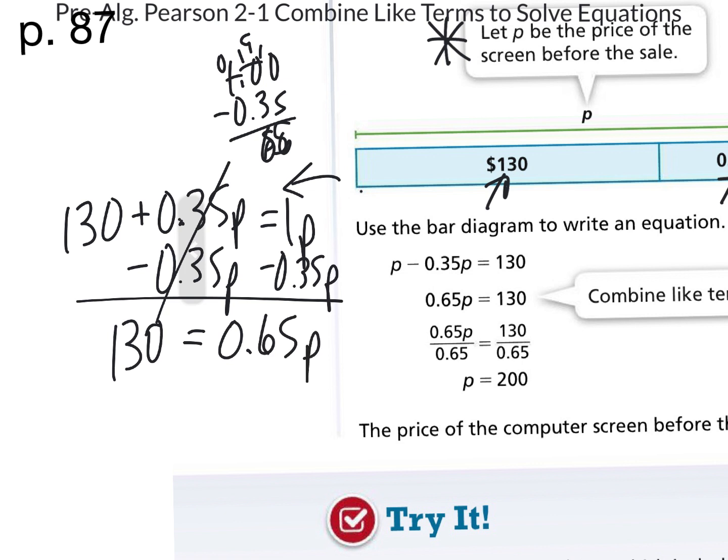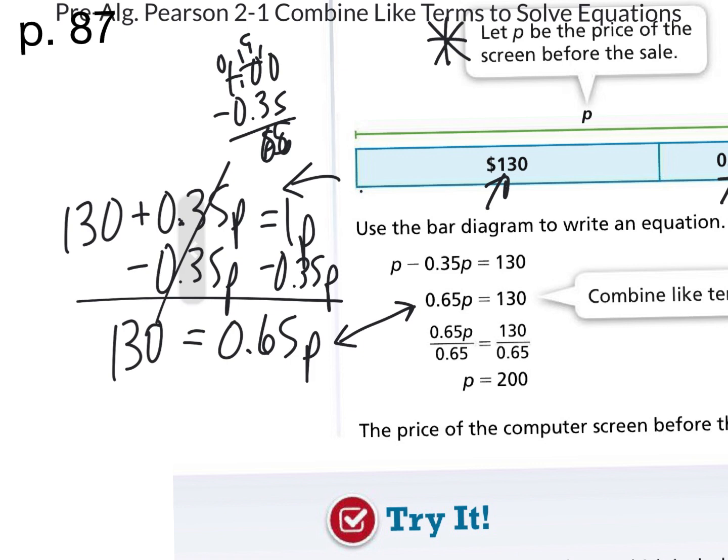So if you'll notice, what we've got now is the same as what the book has. Okay? I think maybe what they were trying to avoid was having a variable on both sides of the equation because we haven't really dealt with that yet, but it's a similar concept to what we've done before. As long as we do the same thing on both sides of the equation, we can do that.